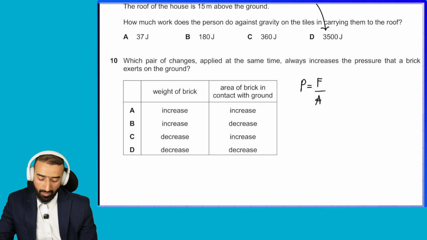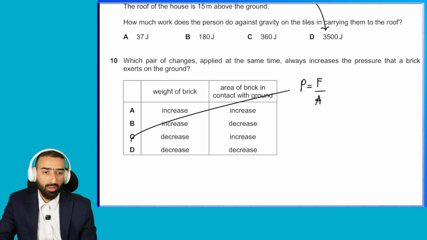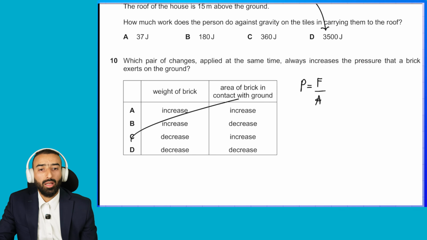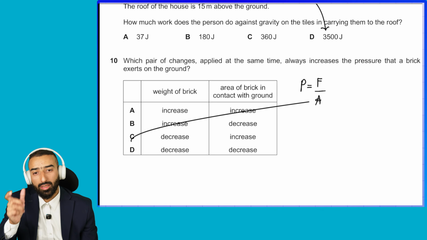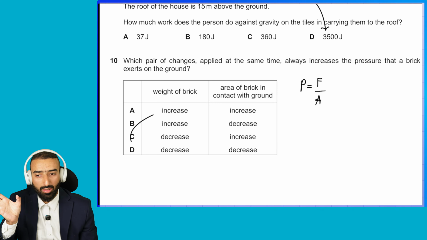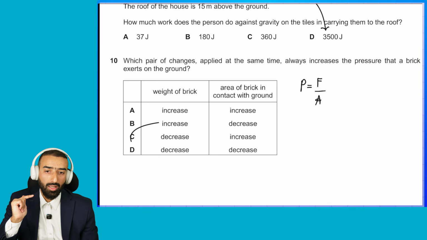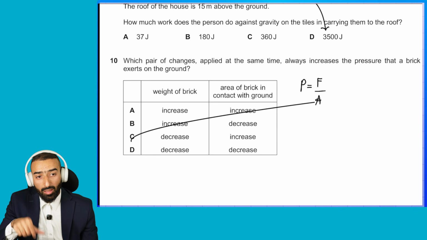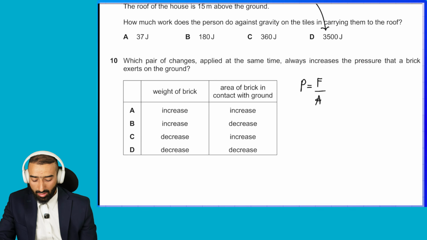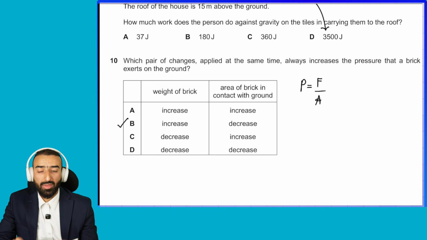Now if you look at option A, if we increase the weight of the brick, the force increases. But if you increase the area with the ground, the pressure decreases. So option A is not correct. Option B, you increase the weight, which is good, and you decrease the area. So you decrease A. That also leads to an increase in pressure. So it's option B that is correct.